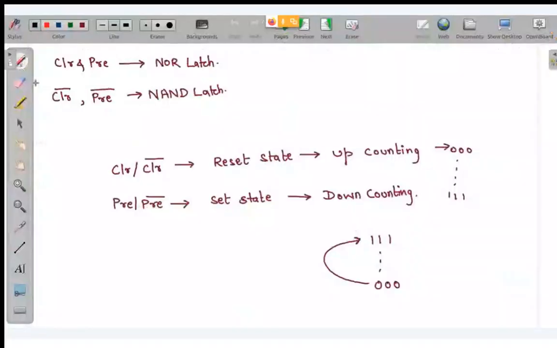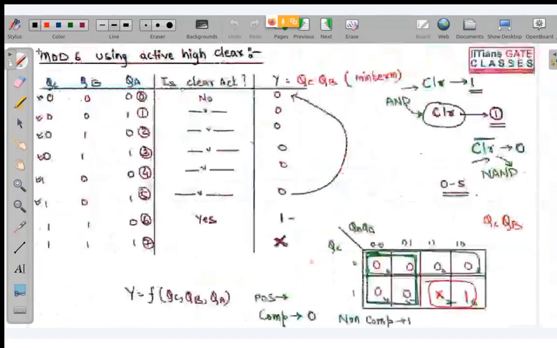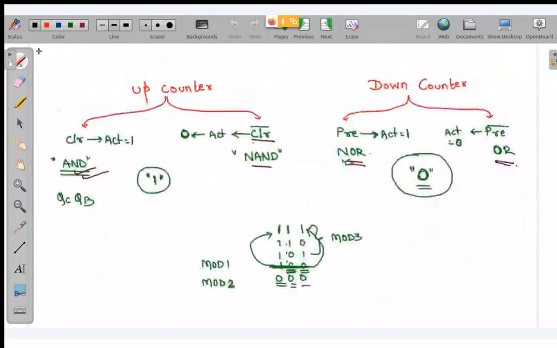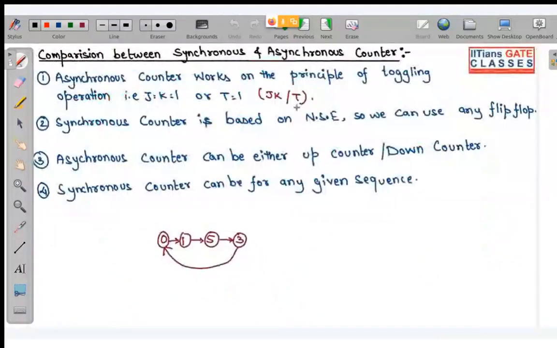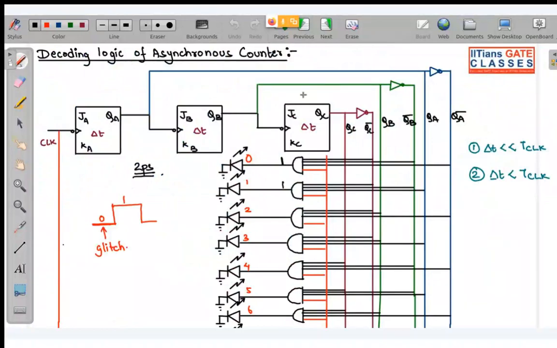Let me plan that session. So today we will end the session over here, and we'll be complete with sequential. In your Thursday's class, we will be completing the combinational part.